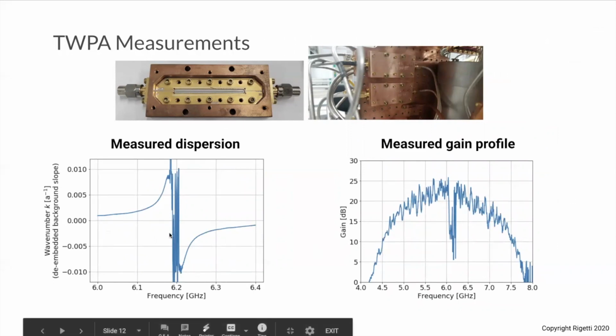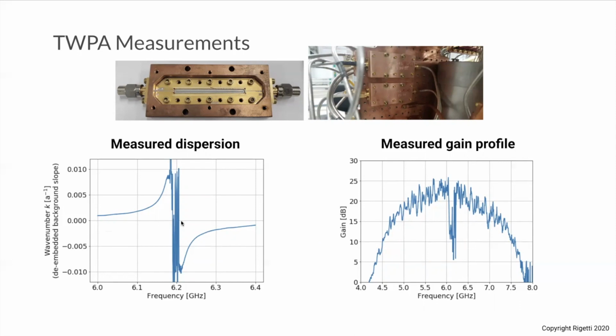In the dispersion, we do see this spread of resonators, and also its curvature. And in the gain, we see a gain of above 20 dB over a band of at least 500 megahertz. And we still see these ripples in the profile because of some impedance mismatches.